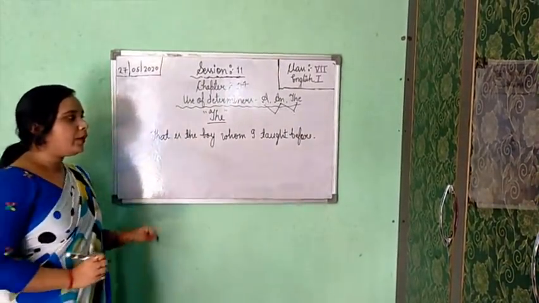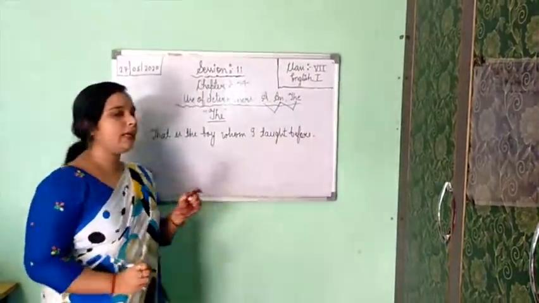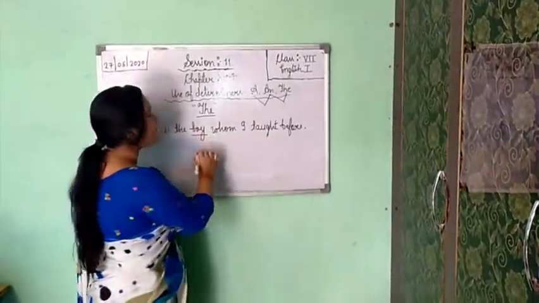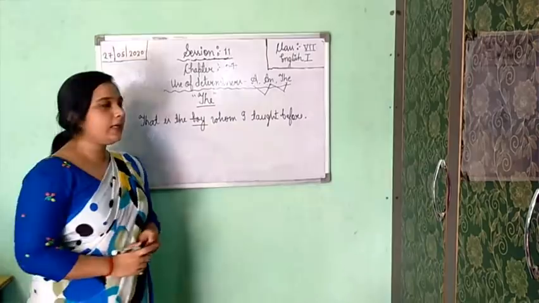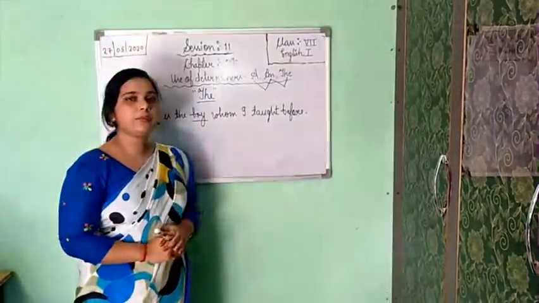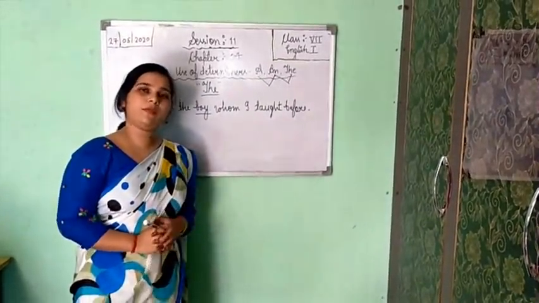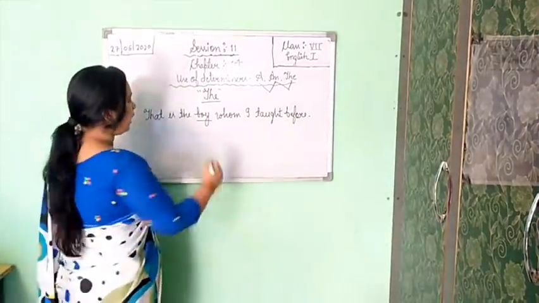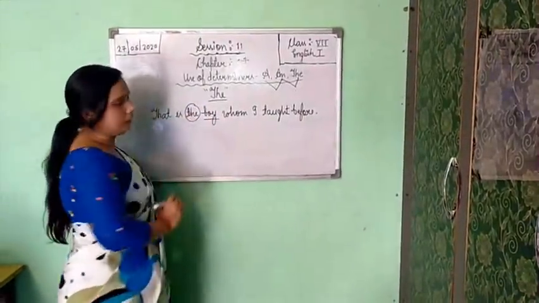That is the boy whom I taught before. So here it is showing the particular boy. Okay. So here we are getting the particular name of a thing, name of a person. That is why before the noun I have applied the here.